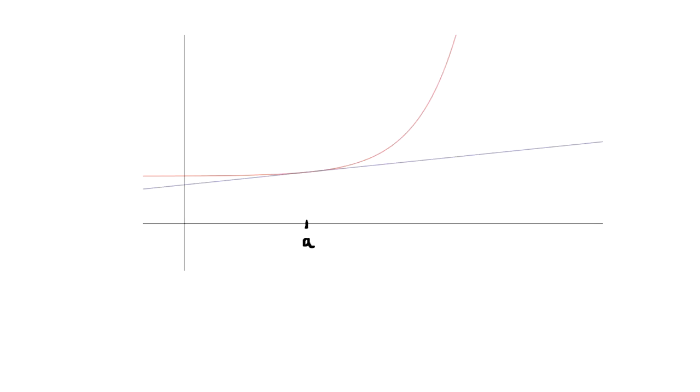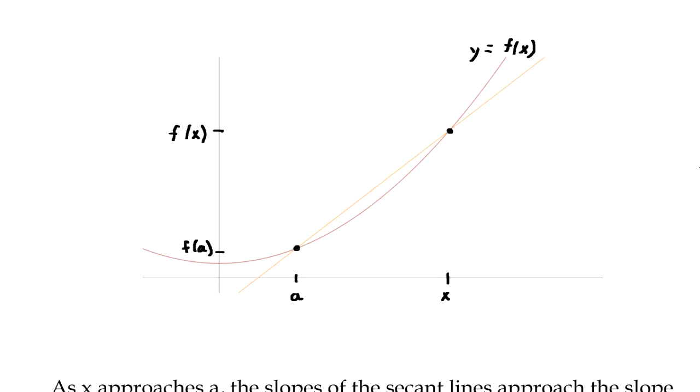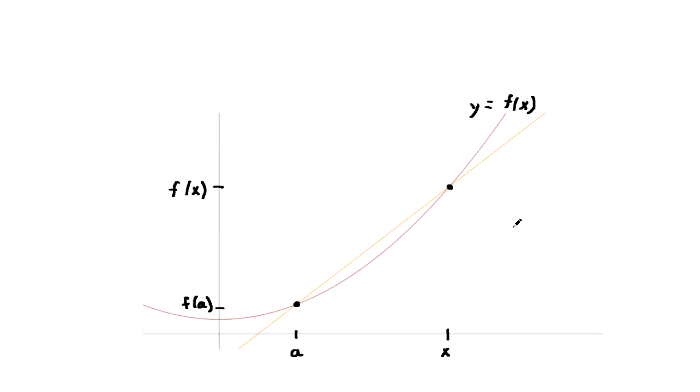Let's look at the slope of the tangent line to the graph of a function f at x equals a. Okay, so here we have the graph of y equals f of x. Here we have our point a.